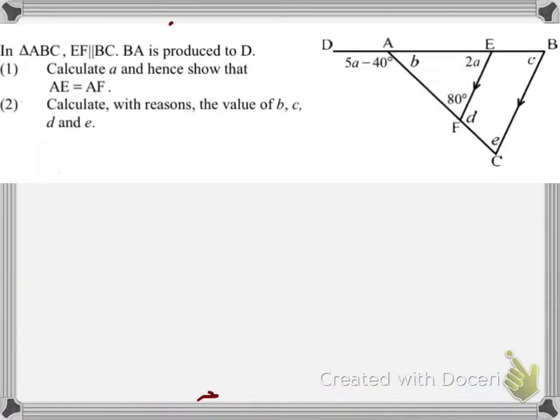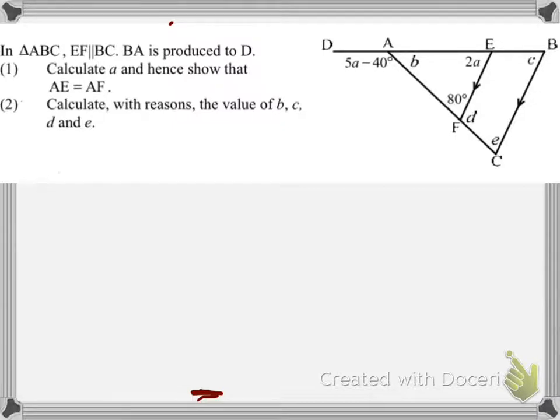Let's move on. Now we've got this problem which involves a triangle and parallel lines. So remember, we are looking at properties of straight lines and angles between the straight lines and the triangle. So here they want us to find the size of A, right?